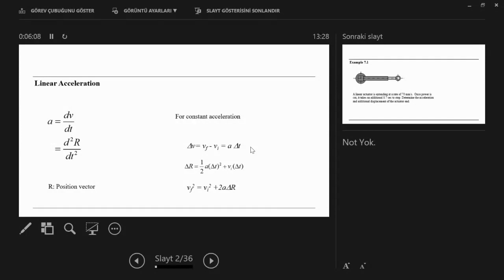And the change in position is equal to one half times a times dt squared plus the initial velocity times dt. If you want to calculate the position of any point participating in the motion, or we can write the final velocity squared is equal to the initial velocity squared plus 2a delta r, or delta s. We wrote these in dynamics. Do you know how they derive these equations?